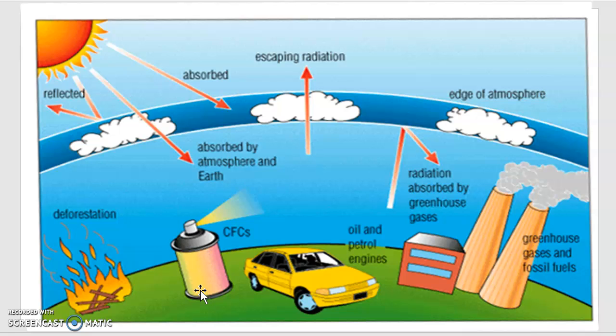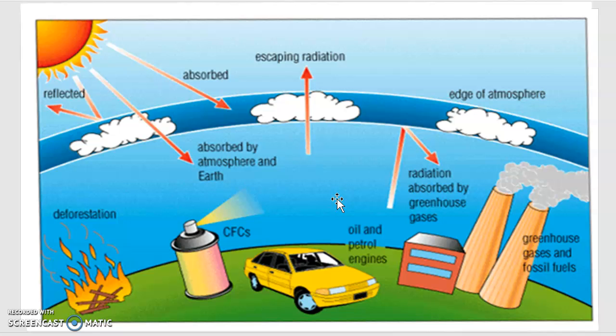So what are those activities that can cause the change in our ozone layer? The depletion of our ozone layer. When we say depletion, that is now the change in the composition of our ozone layer, the thinning of the ozone layer. And if that continues, then ozone hole will be possible.